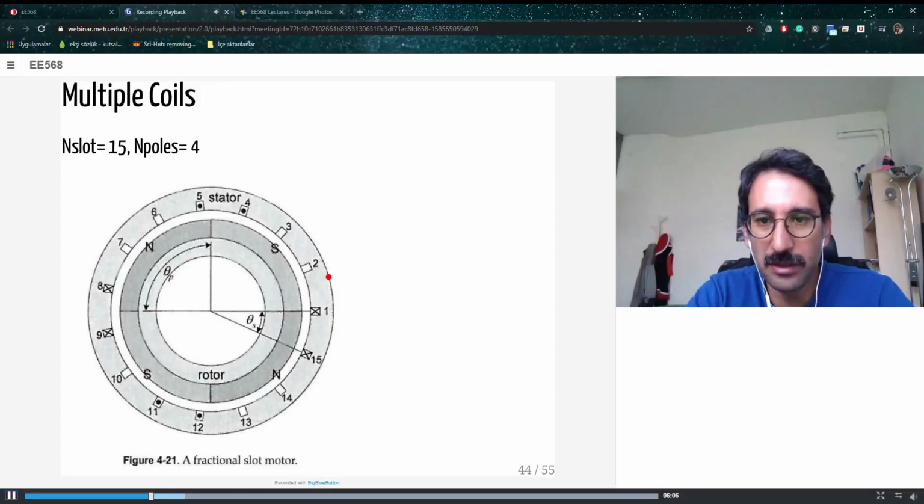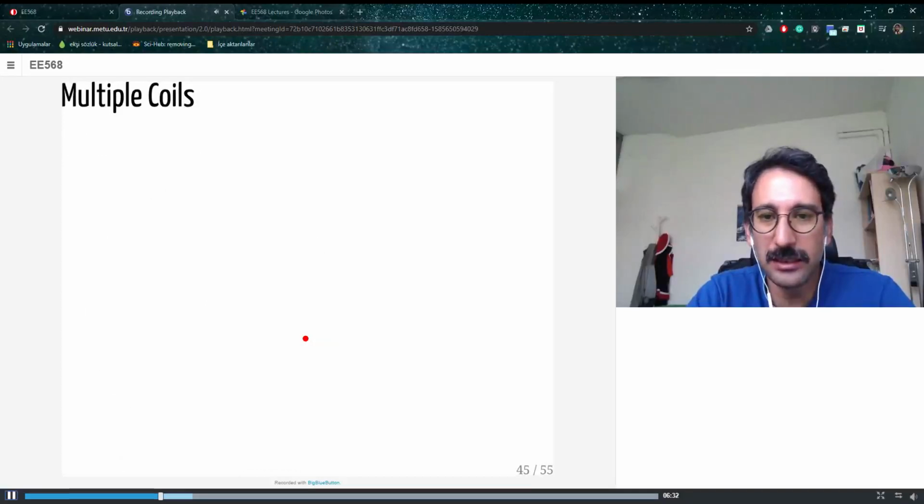Let's say the coil span is 4 in this case, so 4 here, 4 here. You can calculate the electrical angle between each slot, and if I remember correctly, the pitch of those coils is 192 degrees, so it is slightly larger than 180 degrees.